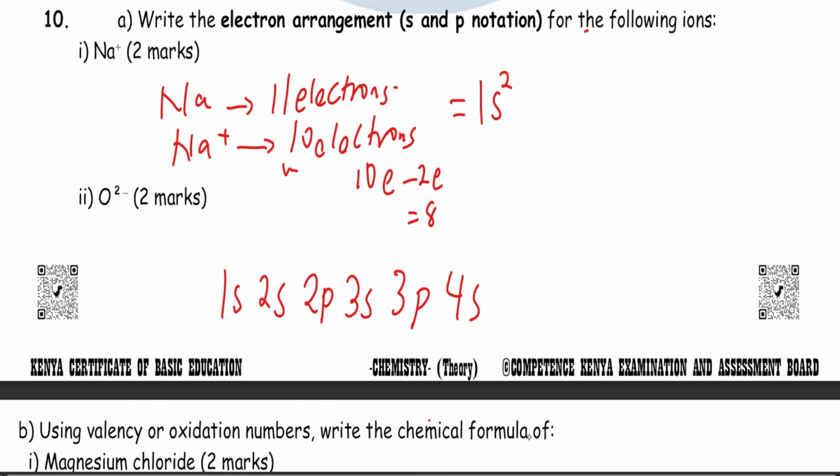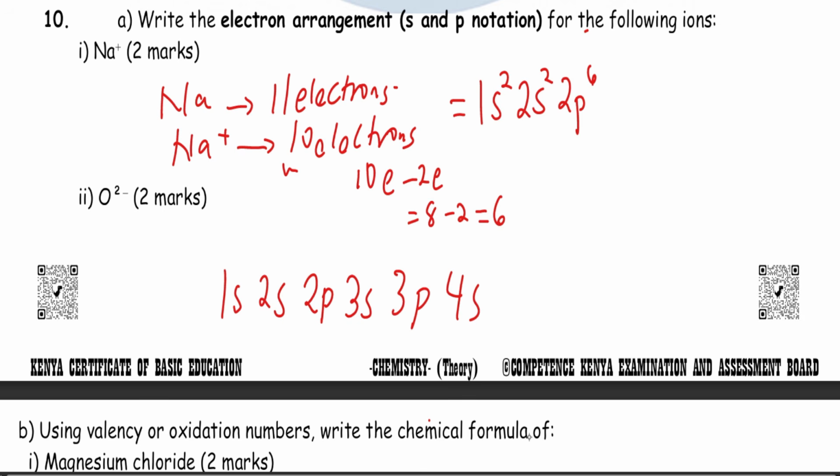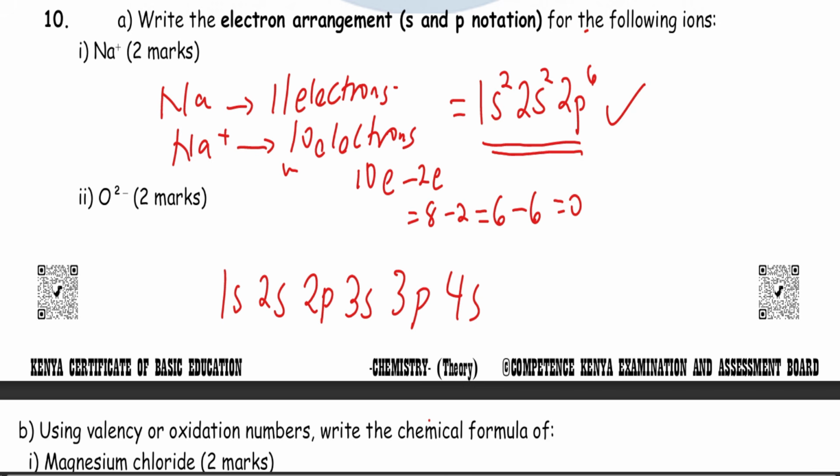For the second one, which is 2s, it also takes 2, so subtract 2, remains 6. For the 2p, it takes a maximum of 6, so if you subtract 6, it gives you 0, so that is your answer.